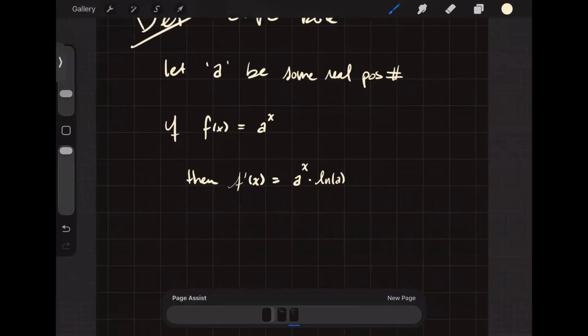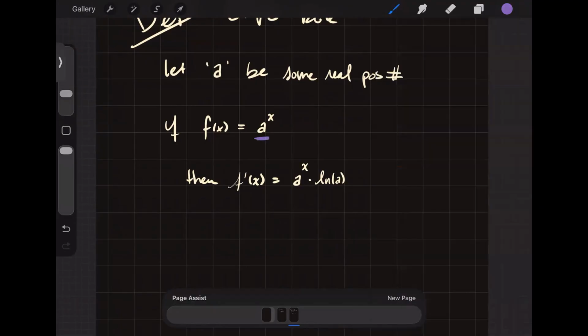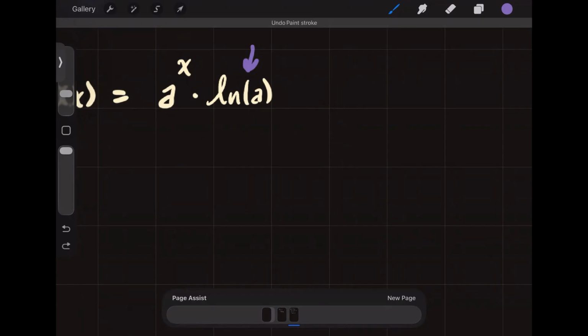Right. Easy enough. All you have to do is figure out what your a value is, and then just pop it in. Okay. Again, you can always write this as ln of 5 or whatever, like if a is equal to 5, right? You don't have to simplify it. Okay.